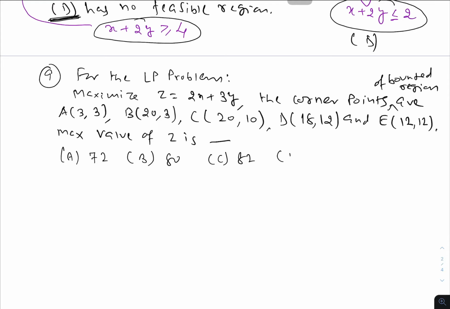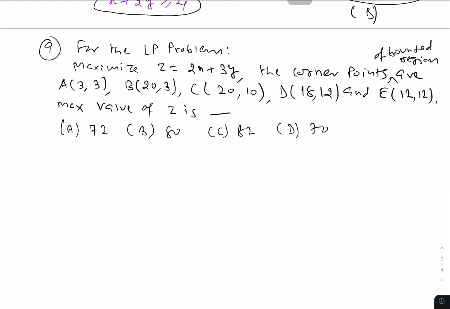82 and 70. Now here what you need to do is, you are given the vertices, the corner points, and the value of Z. So at each point you find out the value of Z. Say A (3, 3), so x is 3, y is also 3, and you will get 15 here.